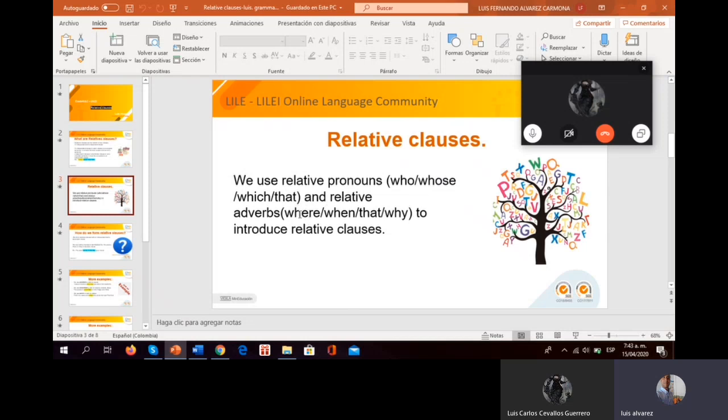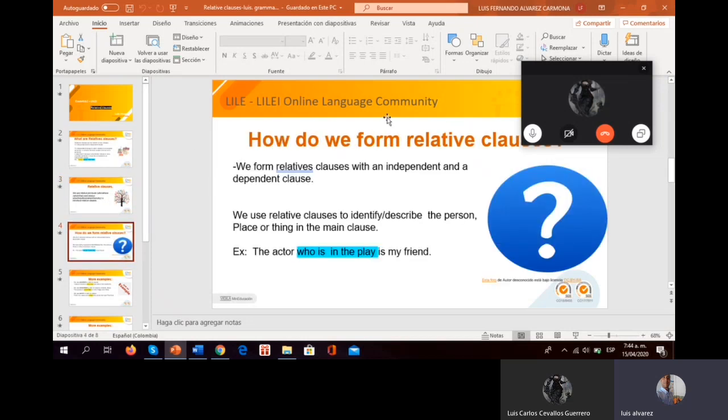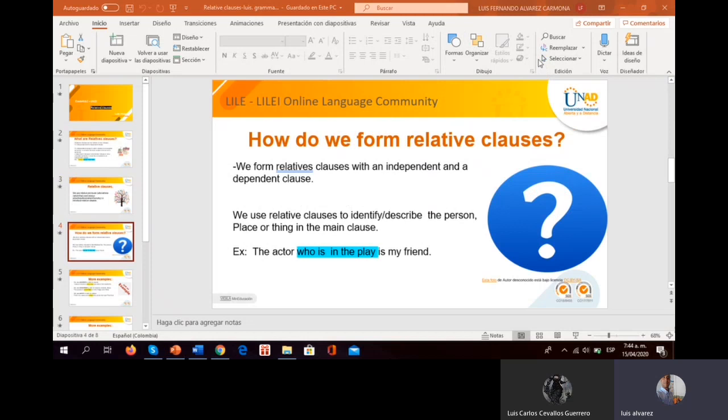Adverbs: where indicating places, when talking about time, that also time, and why, especially for a reason. So in here, we're going to move on to the next slide so we have a better understanding of the definition of these clauses. So in here we say, how do we form the relative clauses?